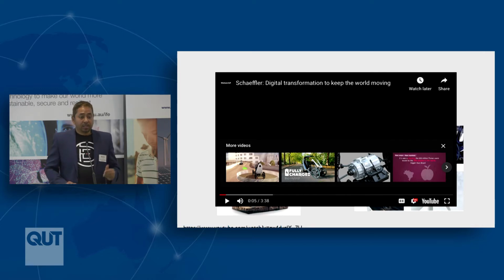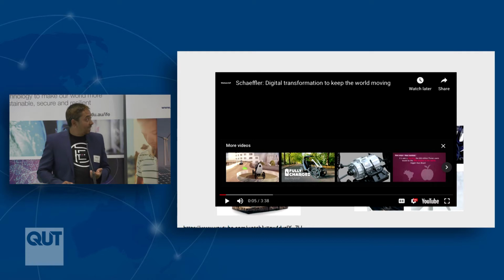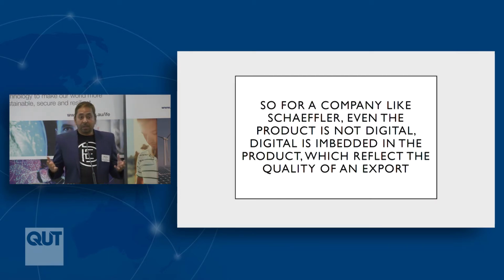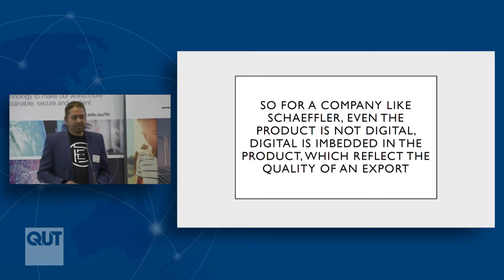The movement is to a product which has data embedded in it, and they can monitor the product remotely and improve its performance remotely anywhere. The Schaeffler revenue is about 15 billion. So that's a very good company.